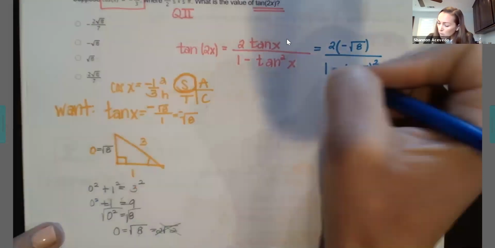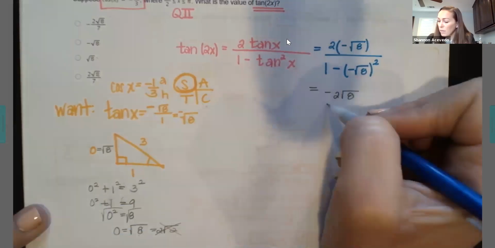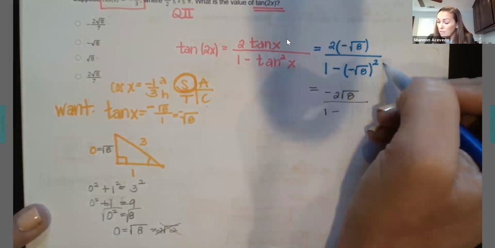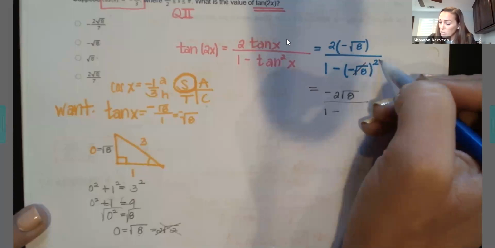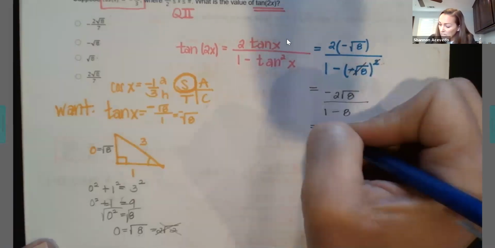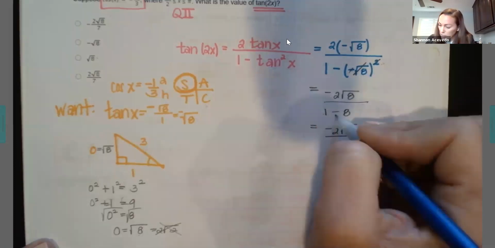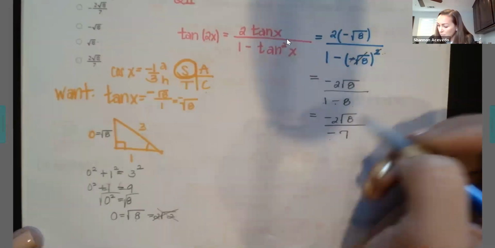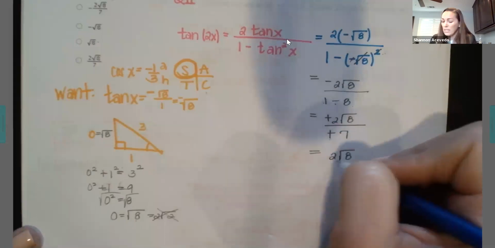So this is going to equal negative 2 square root of 8 all over 1 minus, a negative squared makes that a positive. Square root of 8 squared is going to cancel out, so this is just going to be a value of 8. So it's negative 2 square root of 8 all over 1 minus 8, which is going to be a negative 7. A negative and a negative is going to make this a positive. So it's 2 square root of 8 all over 7.